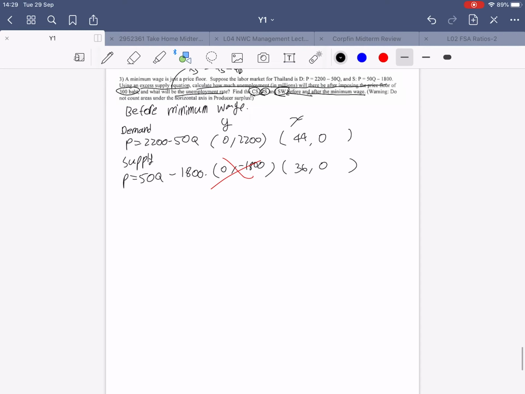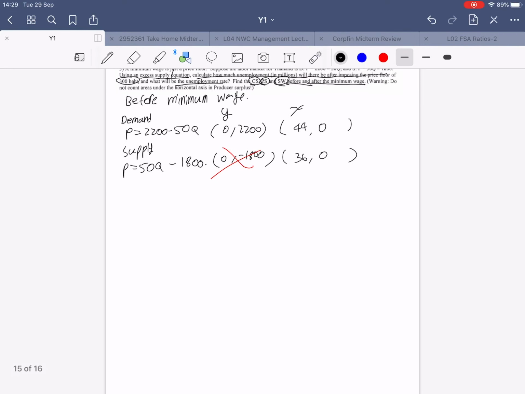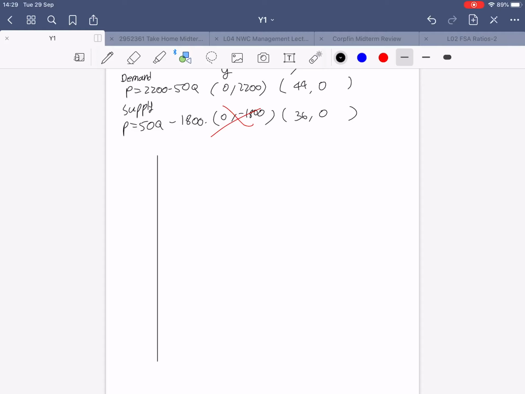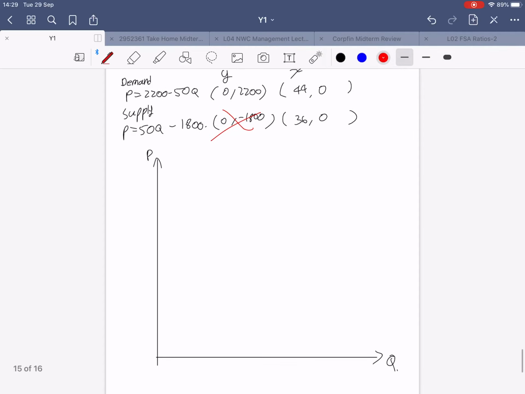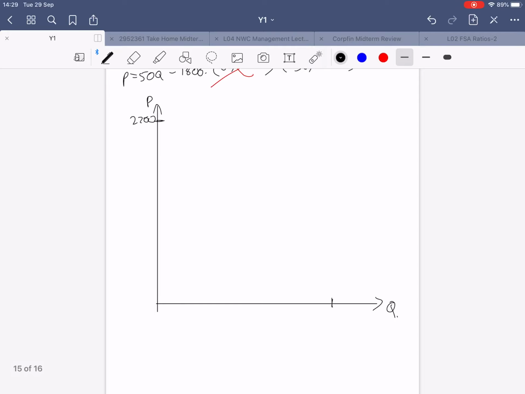Okay, so as we have all the information we need, we can draw a graph. It's going to be P, Q. I'm going to use red color here to draw the demand curve. So the y-intercept of the demand curve is 2200, and 44. We are just drawing briefly, so it's going to be 44 here.